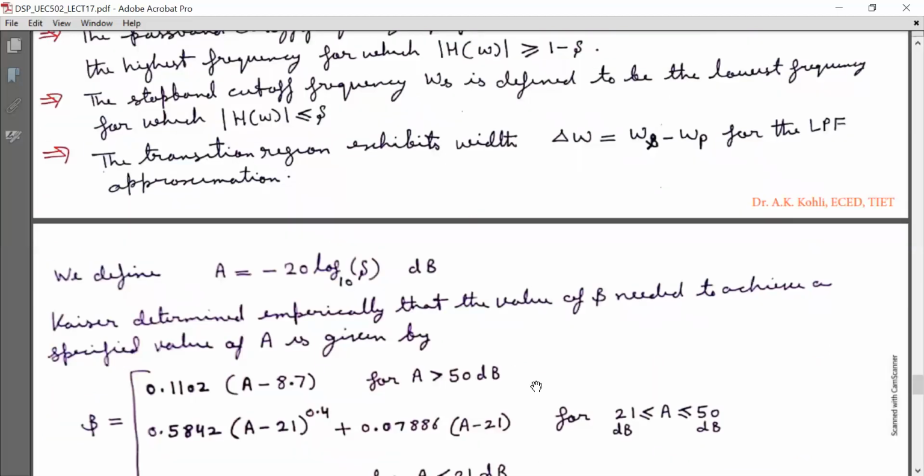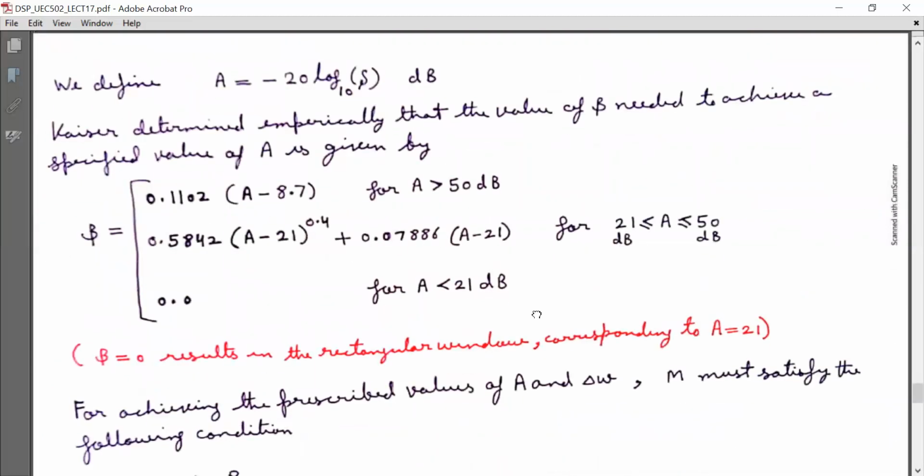Now these are some formulas related to the Kaiser window. We define A is equal to minus 20 log 10 delta dB. Kaiser determined empirically that the value of beta needed to achieve a specified value of A is given by: beta is equal to 0.1102 times (A minus 8.7) for A greater than 50 dB.